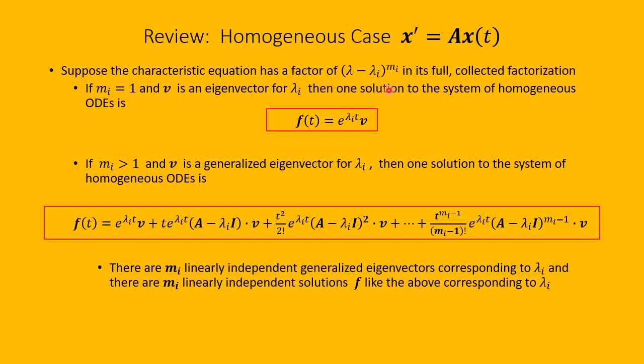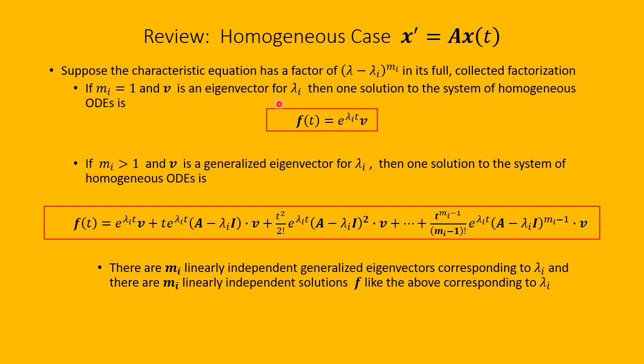And then one solution to the system of homogeneous equations is going to be the vector valued function f of t equals e to the lambda sub i t times an eigenvector corresponding to the eigenvalue lambda sub i. So we just get this exponential function times an eigenvector in that case.